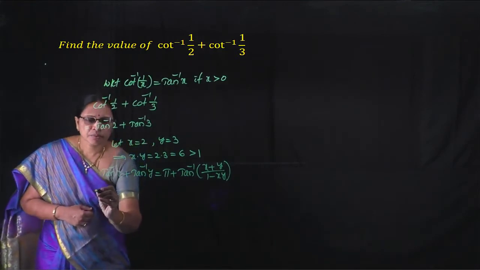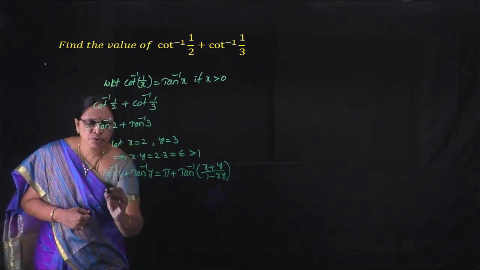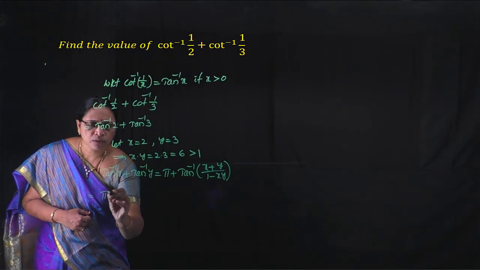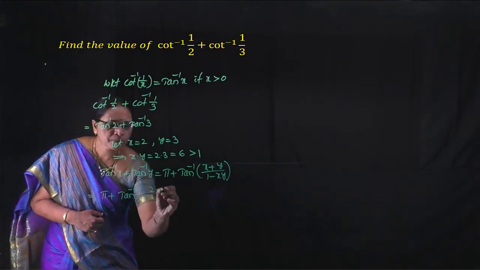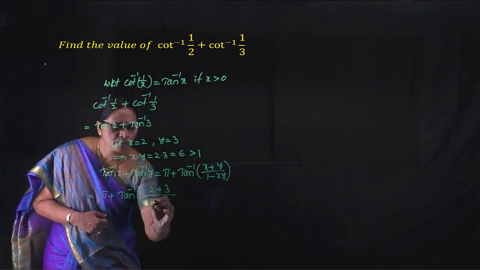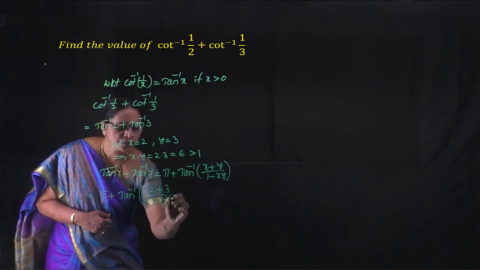Applying this, we get tan inverse 2 plus tan inverse 3 equals pi plus tan inverse of 2 plus 3 by 1 minus 2 into 3.